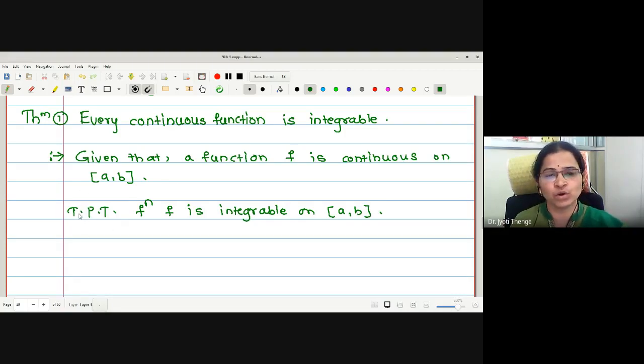Here I want to use one more property of a continuous function defined on a closed interval, regarding uniform continuity. If the function is continuous on a closed interval, whether it will be uniformly continuous?